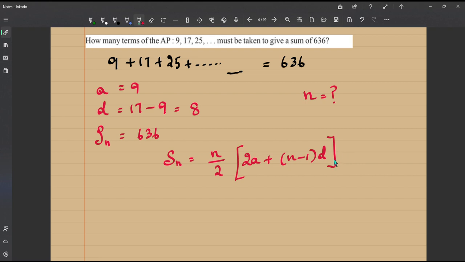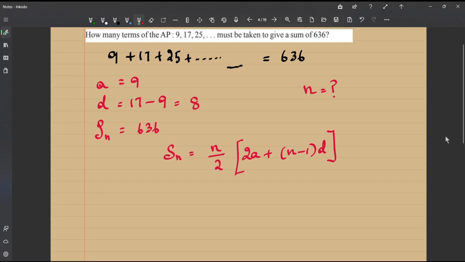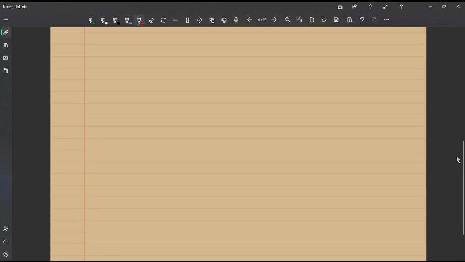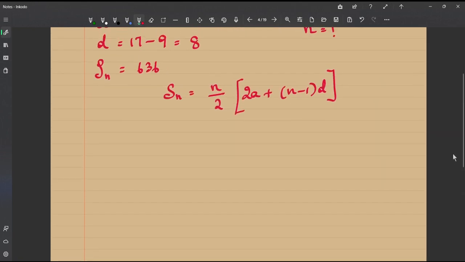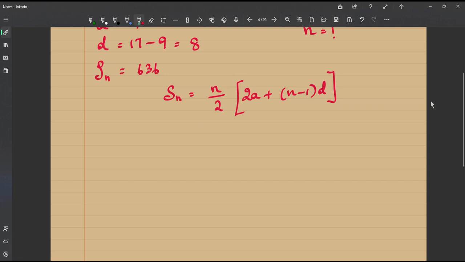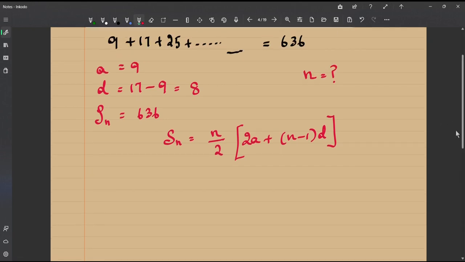Now let us substitute whatever we know in this formula and try to find out the number of terms which is required to be added up. So we have 636 is equal to n by 2 into 2 multiplied by, we know A is 9, plus n minus 1 into, we know D the common difference, which is 8.